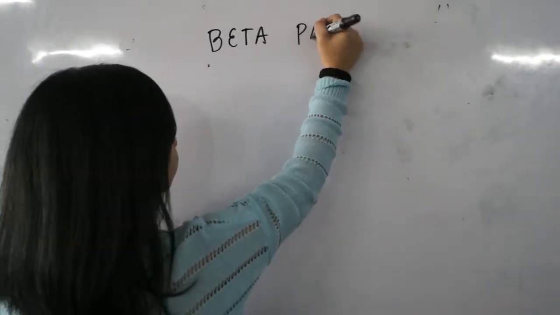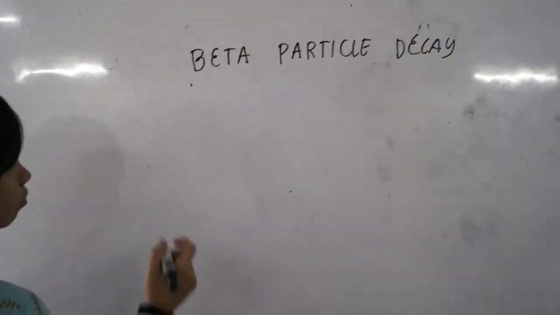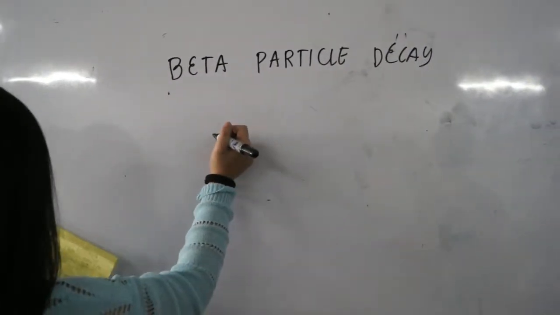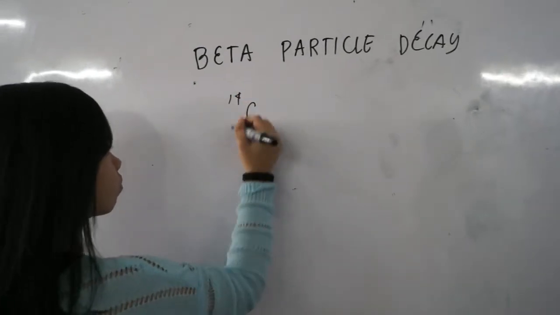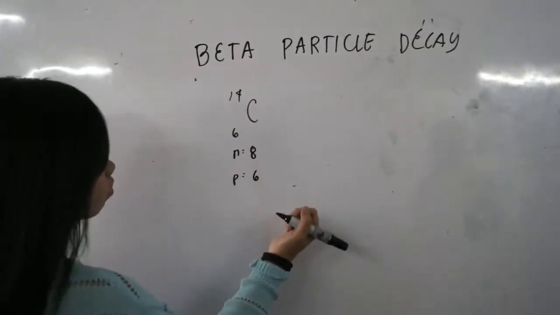While beta particle decay is when a nucleus has too many neutrons, a neutron turns into a proton and then flies off as an electron. For example, carbon, which has an atomic weight of 14, an atomic number of 6, and a neutron number of 8, undergoes beta particle decay.